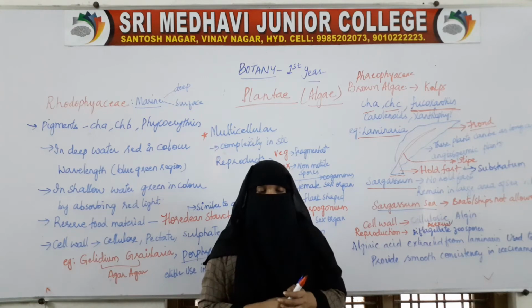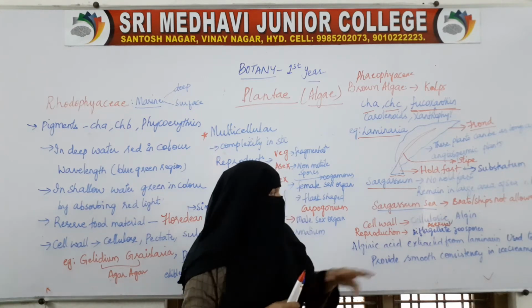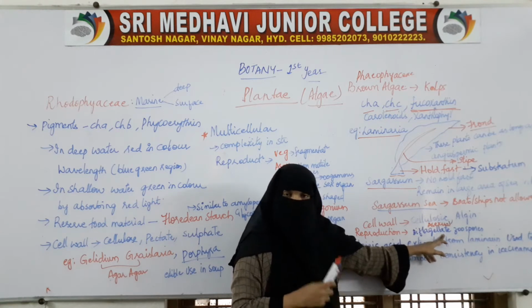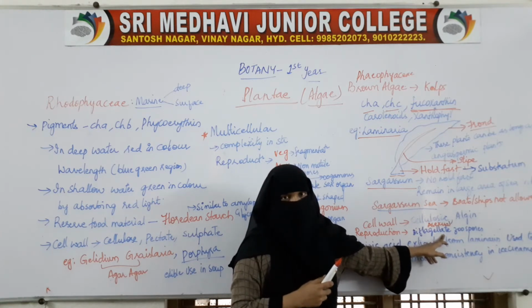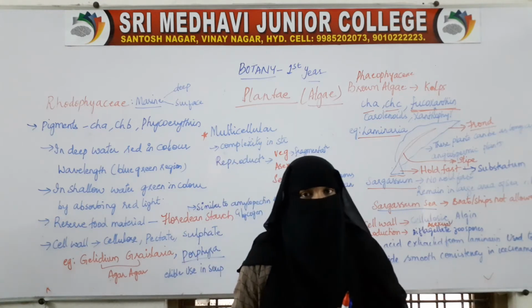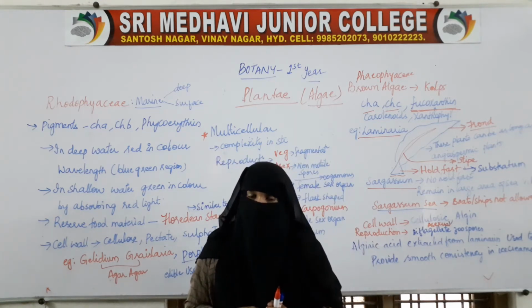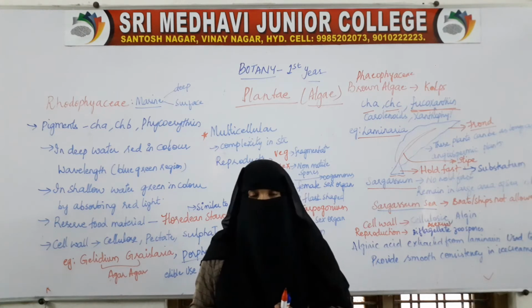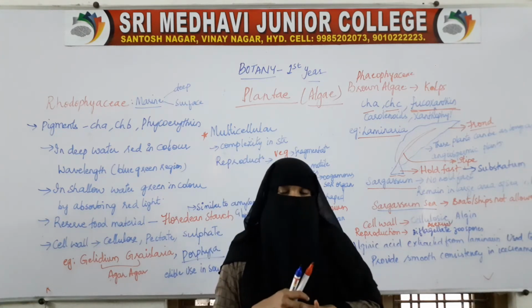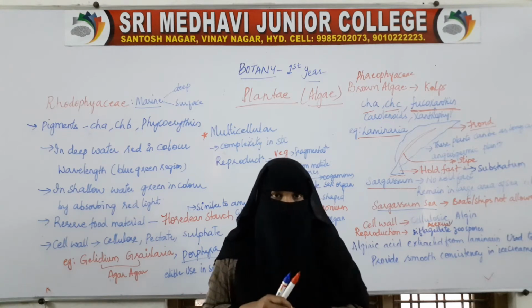With the help of these they reproduce asexually, and sexually they reproduce by the fusion of 2 gametes. It can be isogamous, anisogamous, or oogamous. We have discussed isogamous, anisogamous, oogamous in the previous classes.